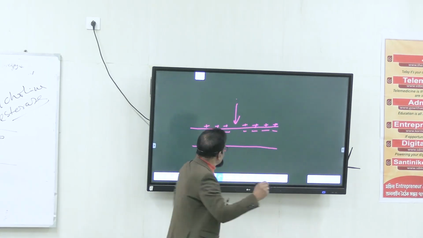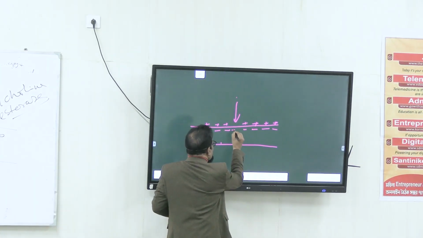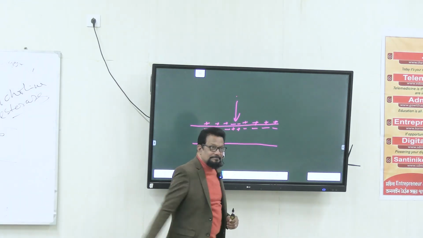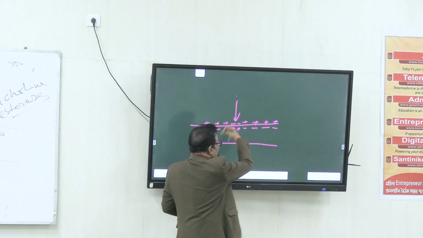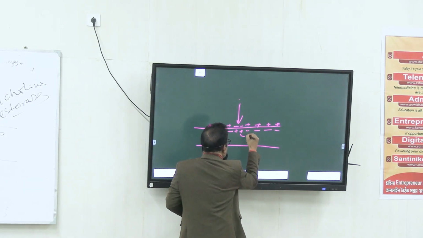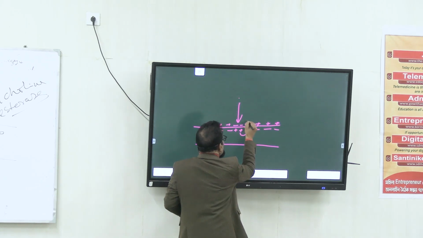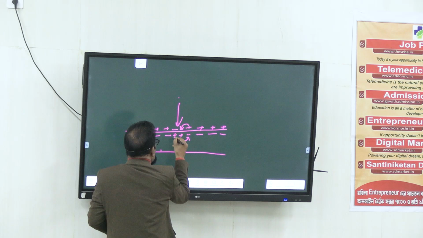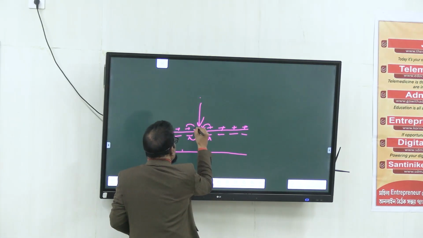Now see what is happening. Inside will become positive, outside will become negative. And because of this, there will be flow of current from here to here, from here to here, from here to here, and from here to here.